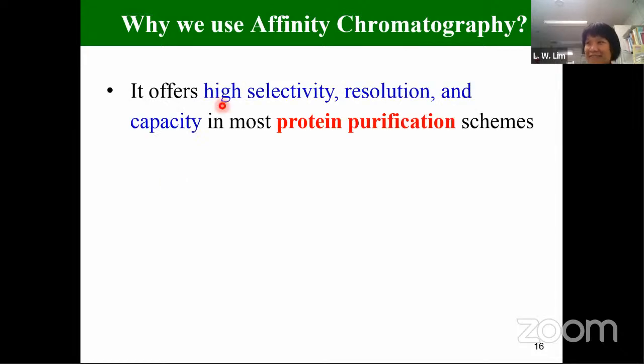Why do we use affinity chromatography? In my previous slide, it has very high selectivity and also resolution and capacity. But the capacity actually depends on how good your reaction is. If your immobilization is not so good, then it will affect your resolution.